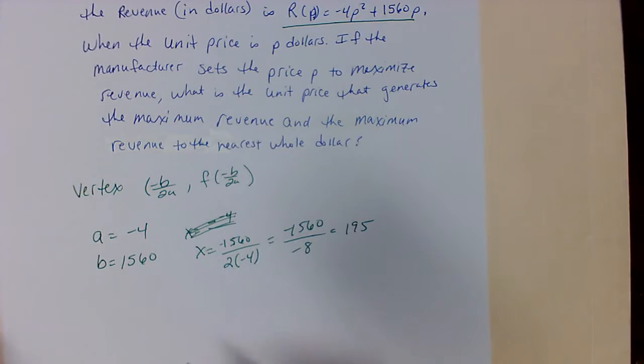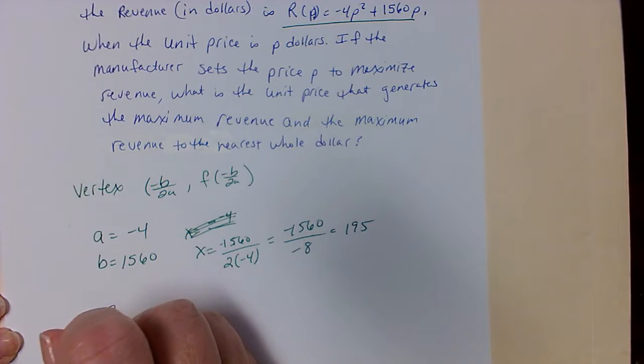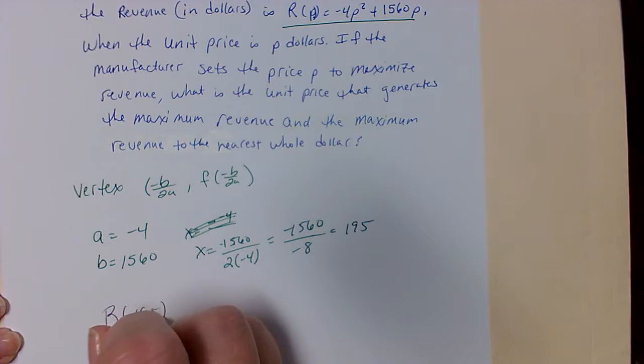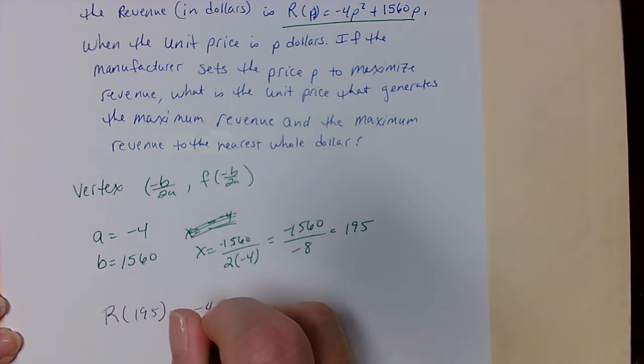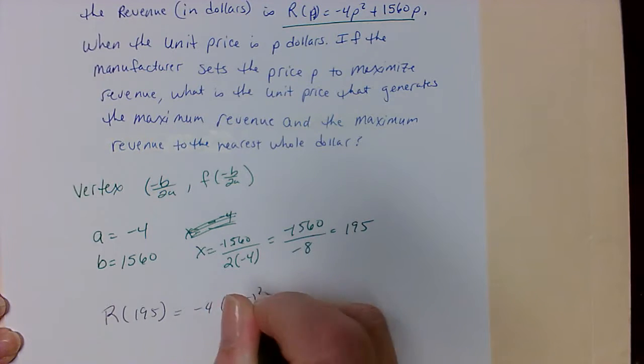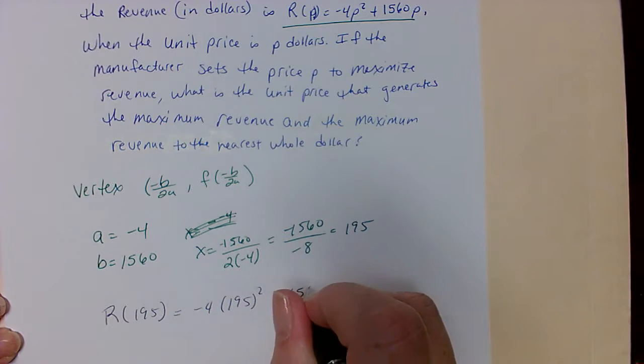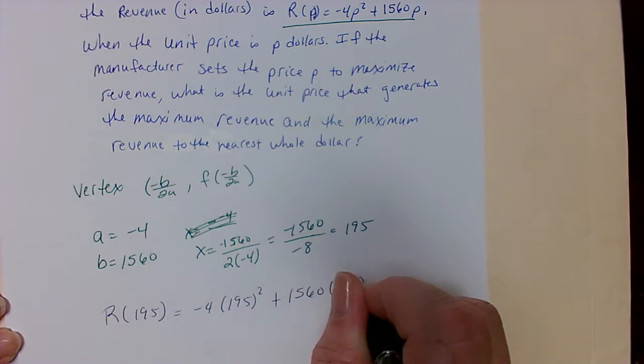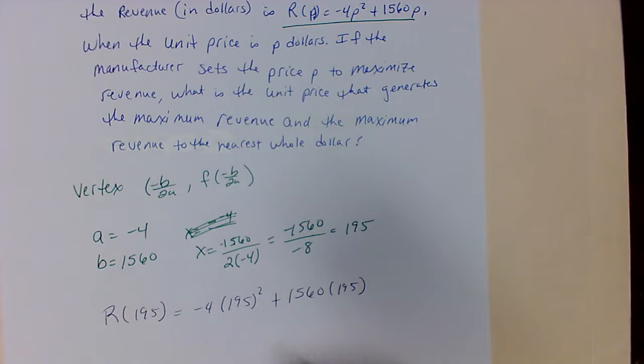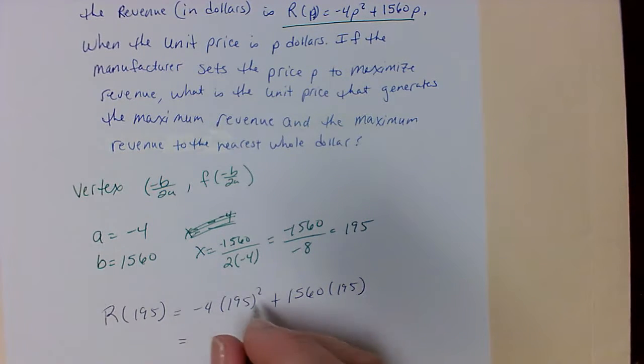So we use our function. We're going to find R at 195, which is equal to negative 4 times 195 squared plus 1560 times 195. And when you plug that in, you can plug it in separately or the whole thing at once.